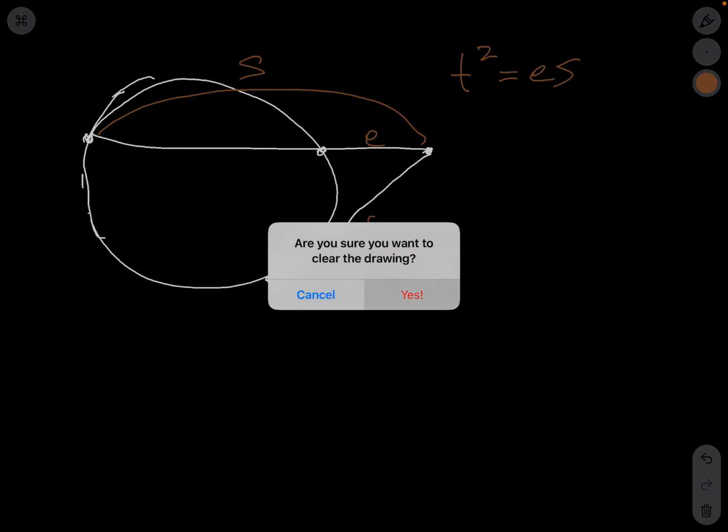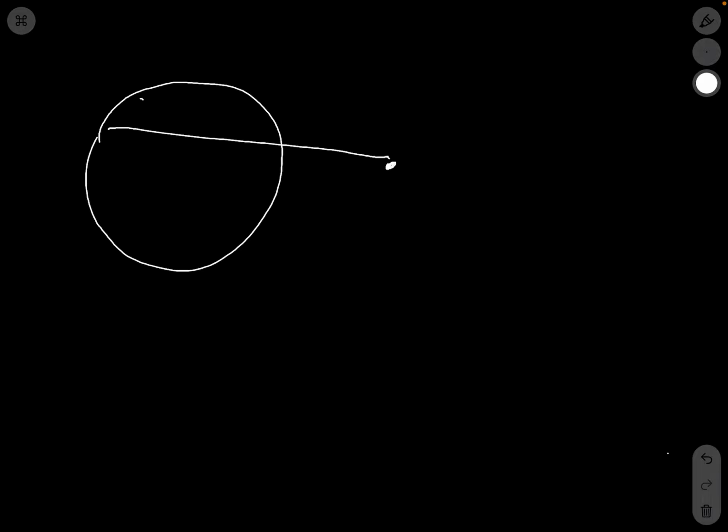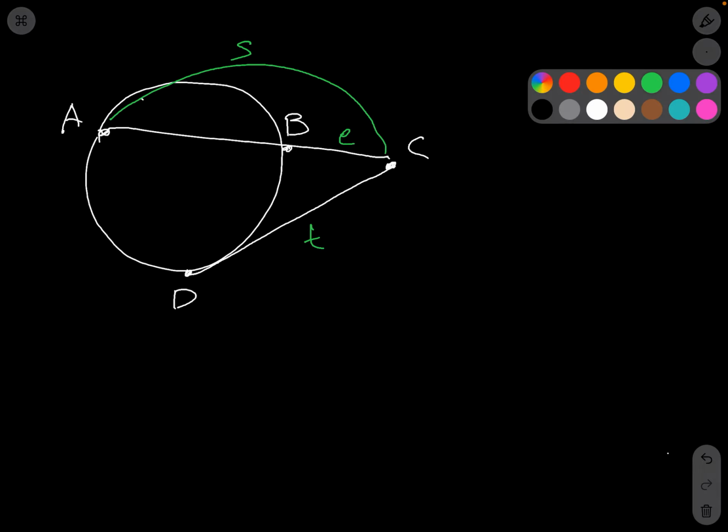Okay, so I'll redraw this. We have an external point, a secant, and a tangent. I'll call this A, B, C, and D. I'll call this T, E, and this whole thing S.